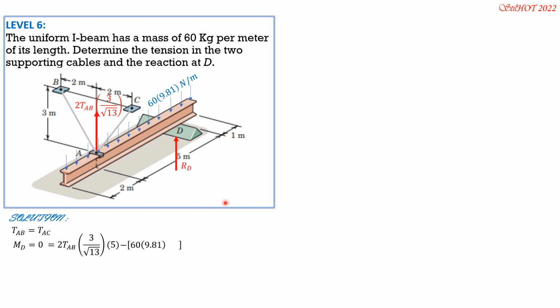So we can now solve for tension AB, which is equal to tension AC. And it is 6098 newtons.